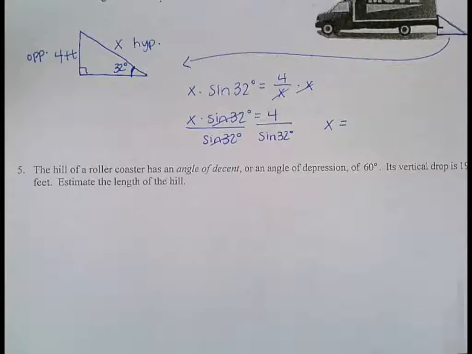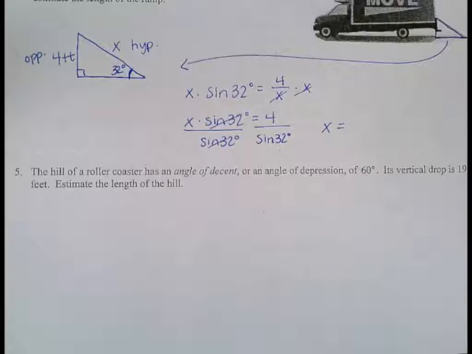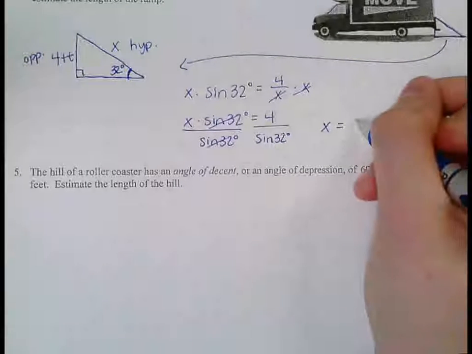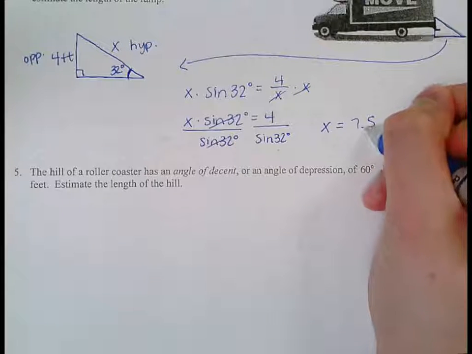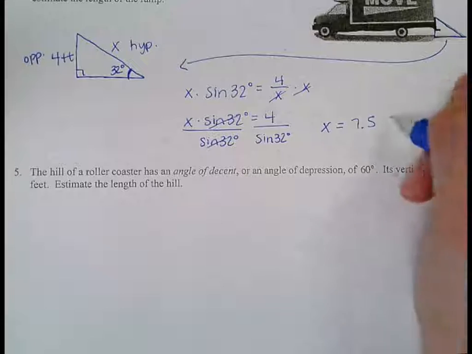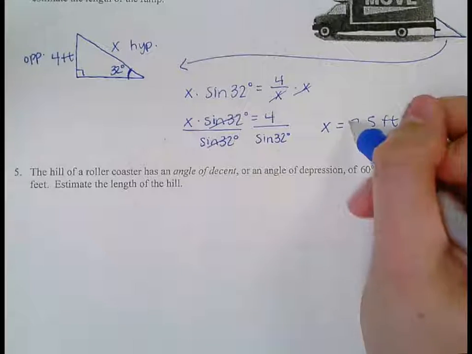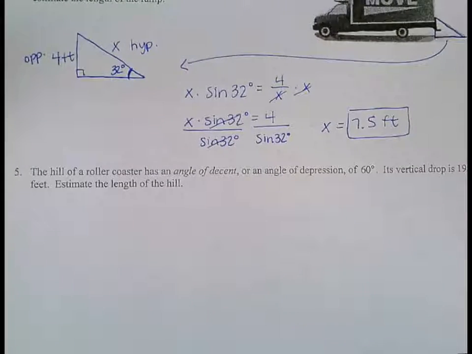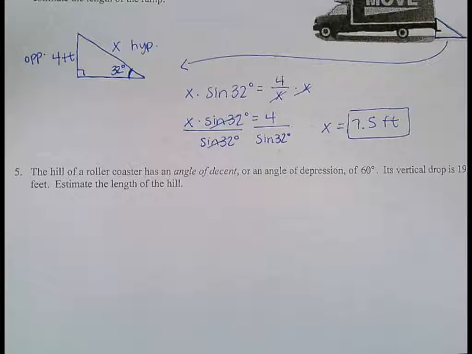About 7.5. It doesn't say, but you can round to the nearest tenth unless told otherwise. What units would be on x? Feet. So the ramp is about 7.5 feet long, based on the angle of elevation and the vertical length of that triangle.